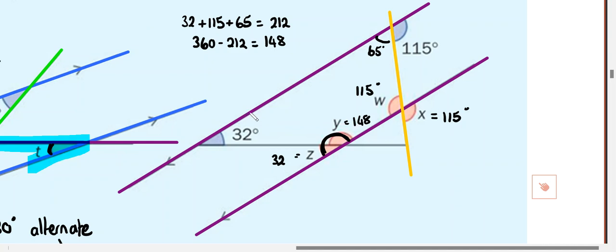Well, it's not corresponding, but it's a Z, which is an alternate angle, yes. So we could have actually gone straight to writing Z is 32 and done the same, but the other way around. But what Anna did was perfectly good, the logic she used.